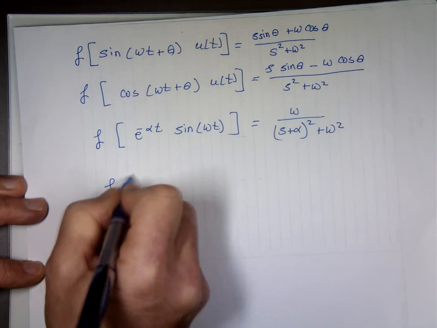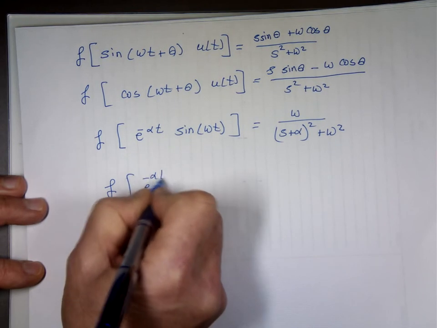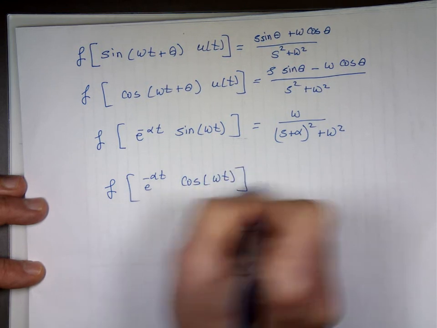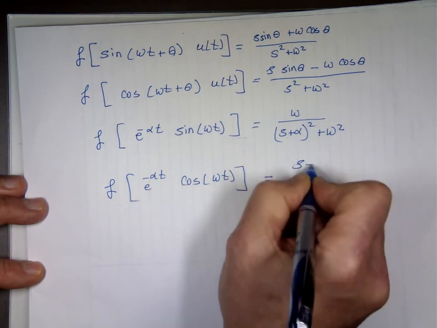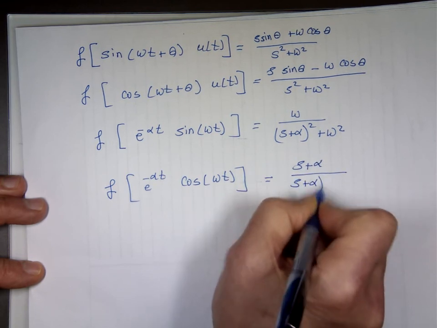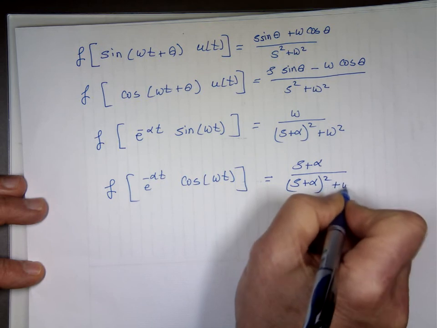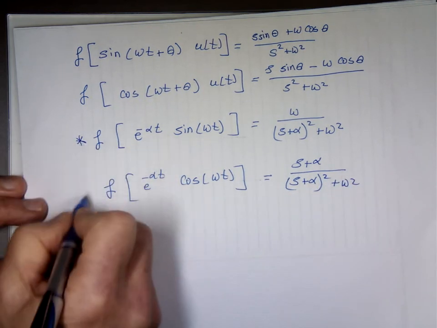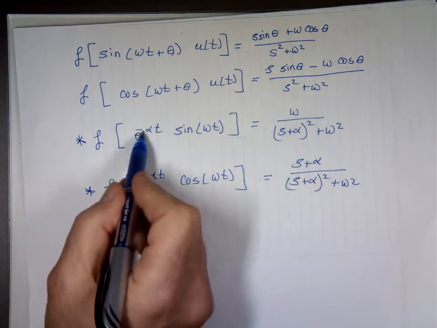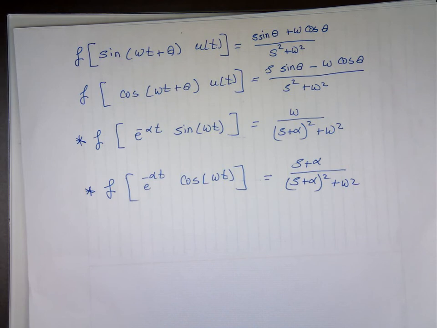And the Laplace of e to the minus alpha t cosine wt is s plus alpha over s plus alpha squared plus w squared. For these two, all you're doing is taking the sine and the cosine, and every time you see s, replace it with s plus alpha because of that shifting. Again, I just don't want to go through that and derive them all, but you can knock yourself out, do some integration, and find the answer to these.